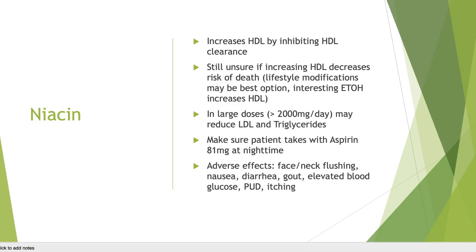There's still research that needs to be done to adequately know if increasing the HDL actually decreases the risk of death. For patients that do have low HDLs, lifestyle modifications may be the best option other than adding a medication.